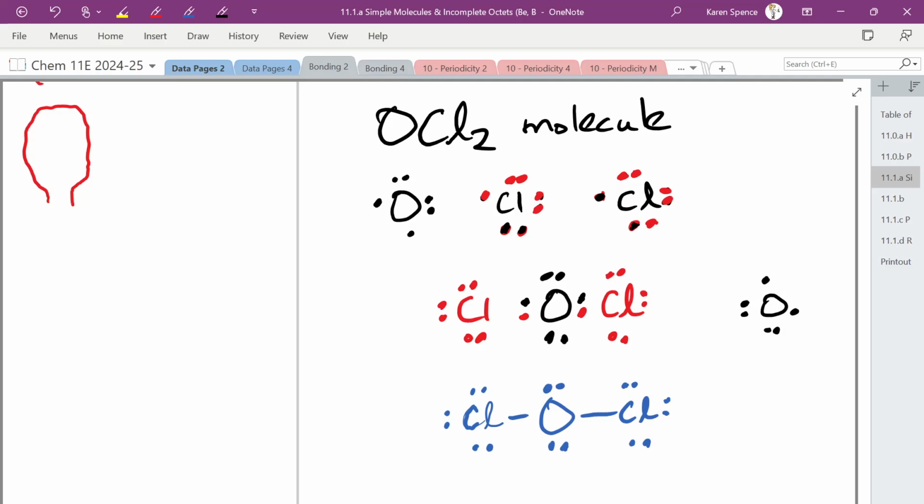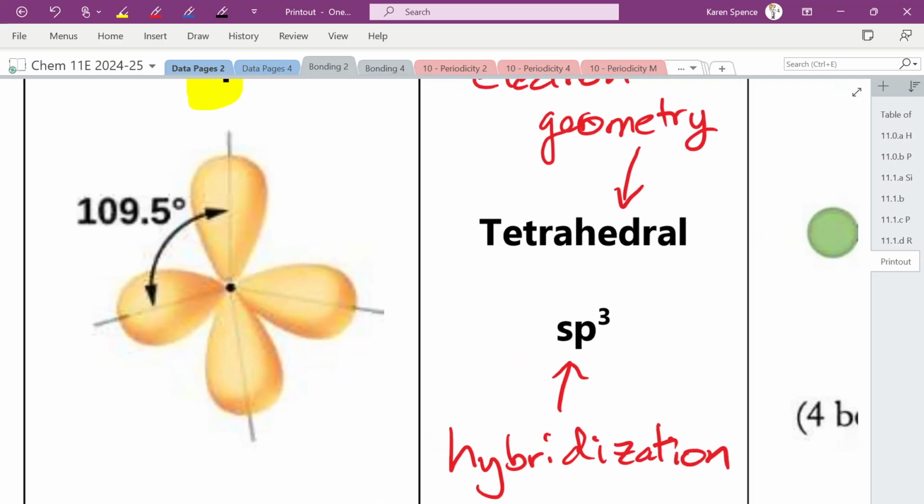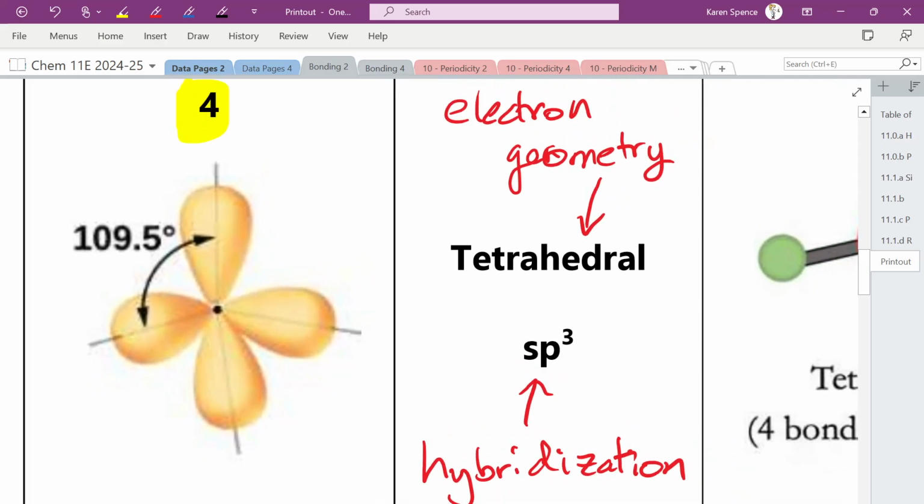Can you explain why it is bent? Why it is bent? Okay, good question. So if we look here at our tetrahedral shape, let's find a tetrahedron. Tetrahedral. Okay, this is tetrahedral, and because it has bonds on all 4 electron domains, because it's got an atom at the end of each of them, we call it tetrahedral.